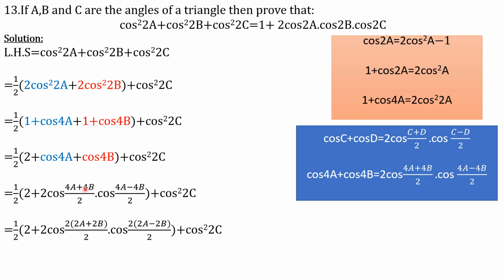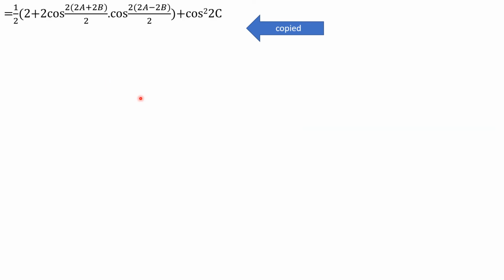Now we will take 2 and 2 common from the numerator. From this portion as well as from this portion, we have taken 2 common. We can cancel these 2. Here also this 2 and this 2 can be cancelled. I hope till here it is clear. So this portion is copied from previous page as it is to avoid confusion.